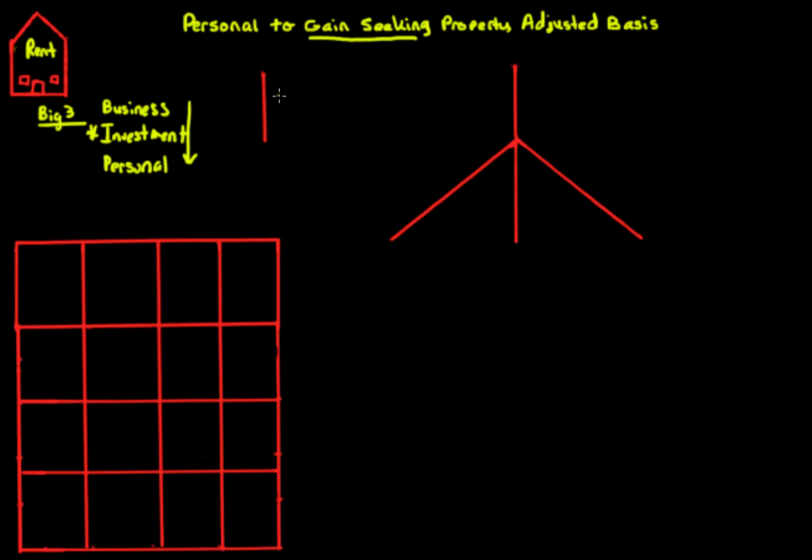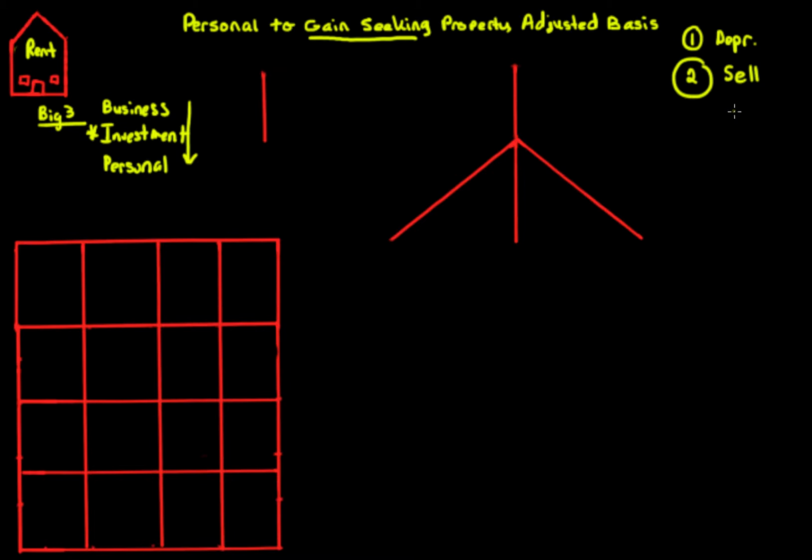Because now, since it's a rental, you can start depreciating. The second issue is when you sell or dispose of the property later, you're going to have a gain or loss. And you need to know that because that's obviously going to be important with respect to that activity.